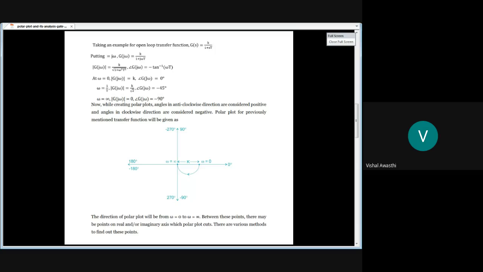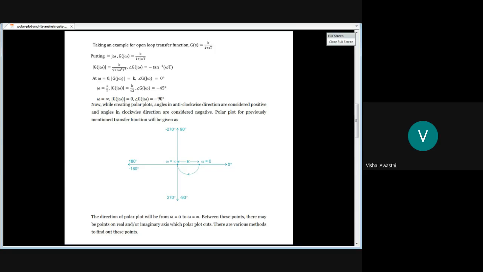Just connect these and you will have a plot, which is nothing but the polar plot of the given open loop transfer function. So you just have to consider its angle, its magnitude, and direction.